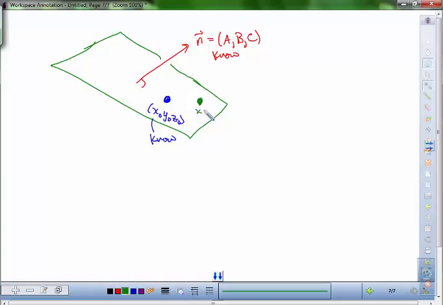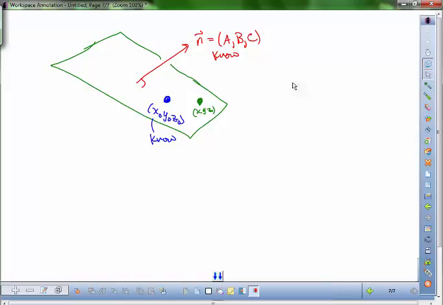Now I want to describe all the other points x, y, z that are on this plane. Okay? So this is a slightly confusing mathematical concept, I think, that this point x, y, z can be anywhere on the plane as long as it's on the plane. Just like the points on the parabola, they're called x, y, and they're just x, y.